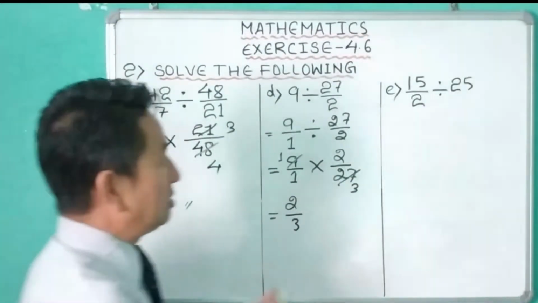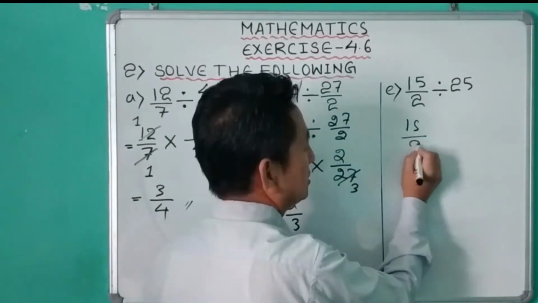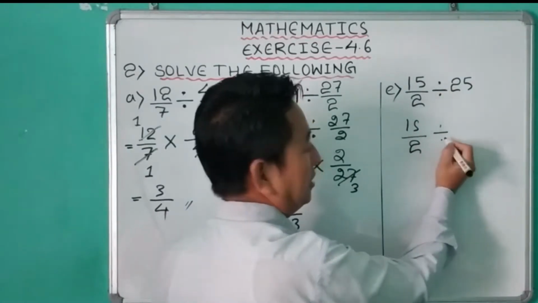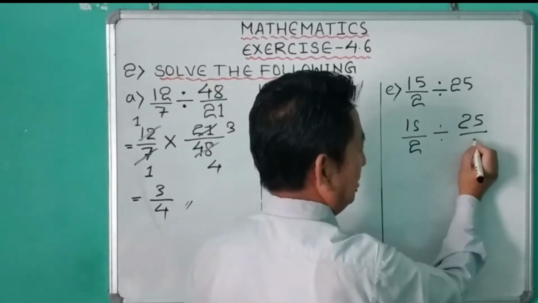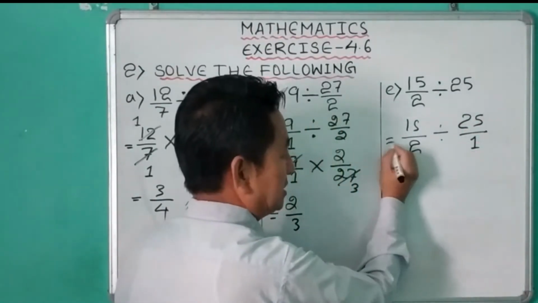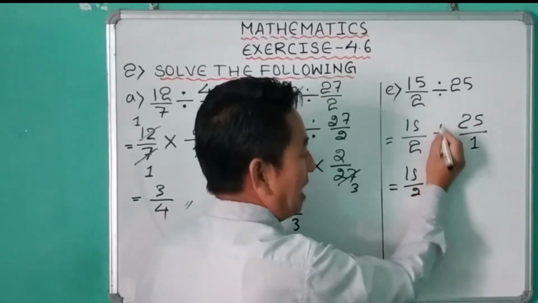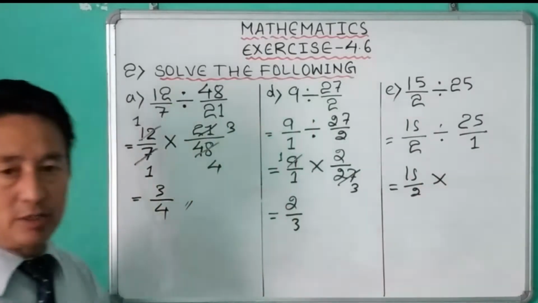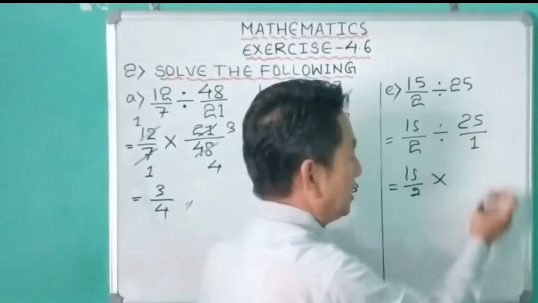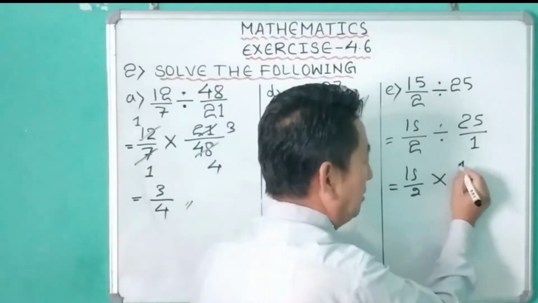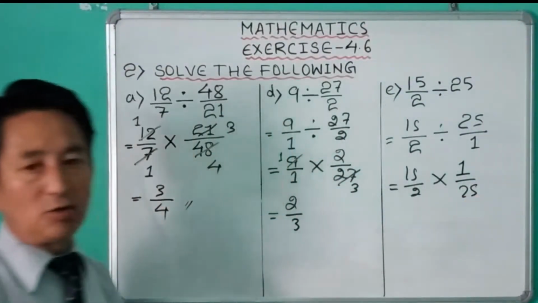Now next question, E. Again here 15 over 2 is divided by 25. There is no denominator, so we can write 1 as the denominator. Now next step, for 15 over 2, we will change this divide sign into a multiplication sign. Then we'll write the reciprocal of this fraction. Now we'll write this 1 as the numerator and 25 as the denominator.